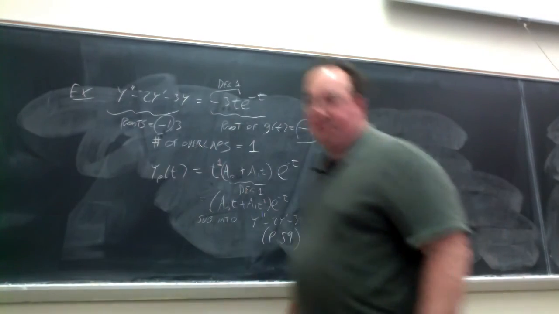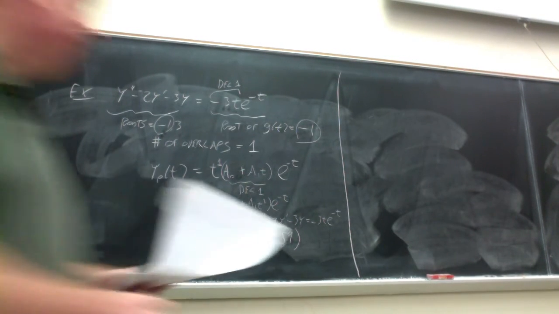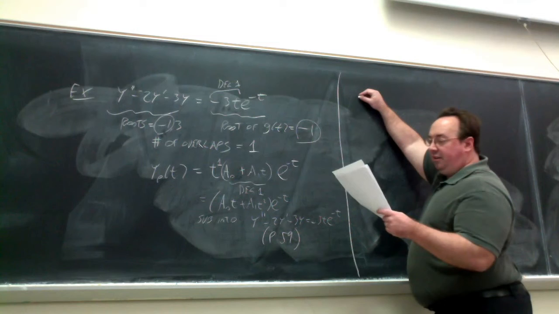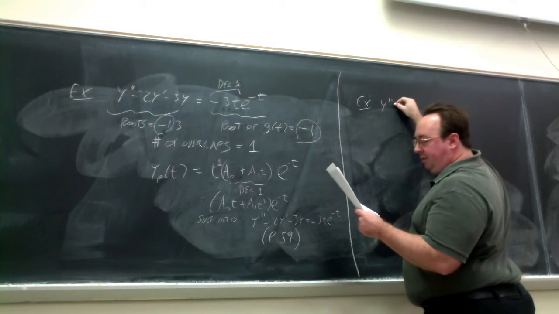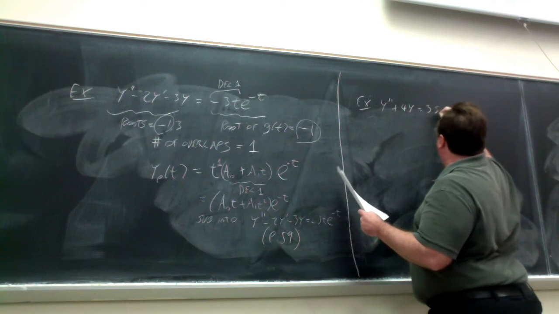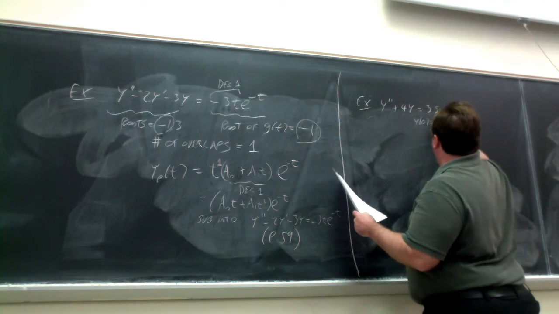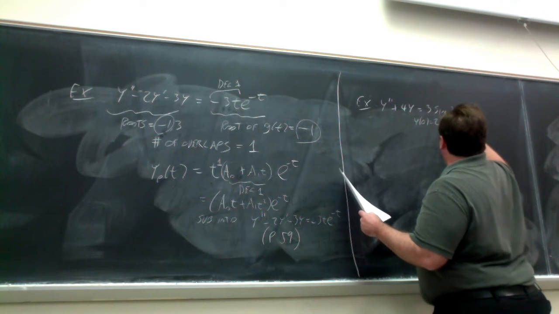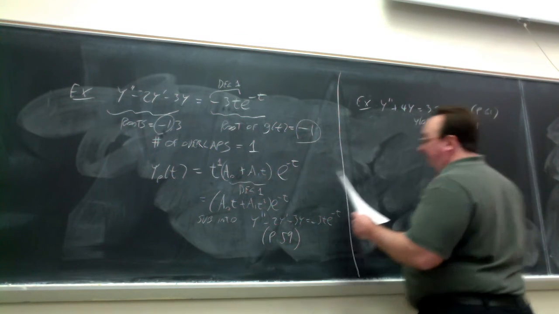Let's look at another. y double prime plus 4y is equal to 3 sine 2t, with y(0) equal to 2, y prime (0) equal to minus 1. This is on page 61 of the notes.